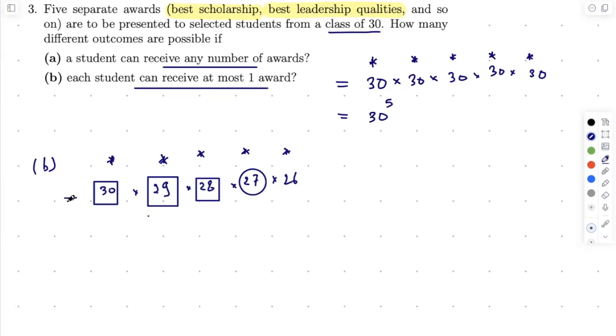So the total possible outcomes are going to be 30 into 29 into 28 into 27 into 26, which otherwise you can write as 30P5. 30P5 stands for 30 objects, and you have to take 5 and talk about the permutation. This is the answer.